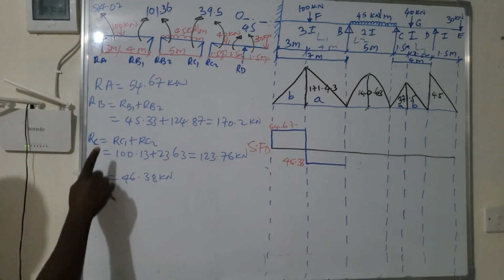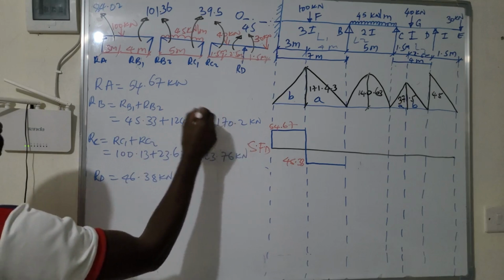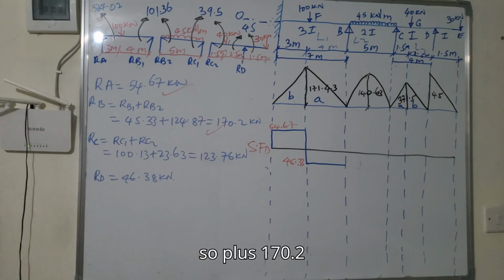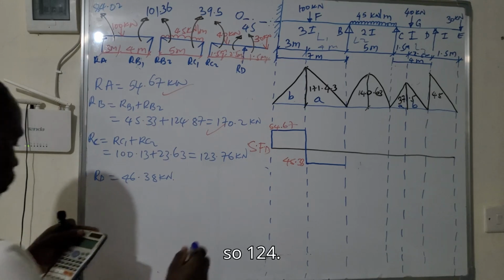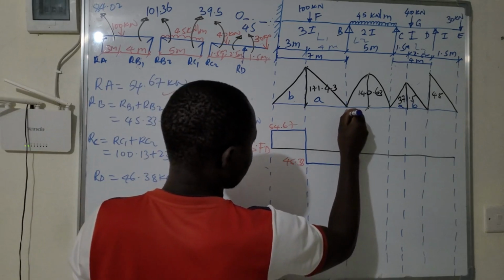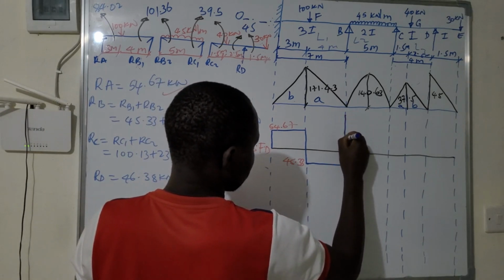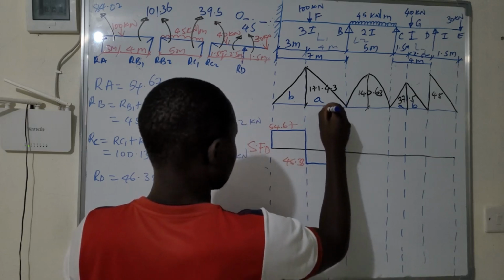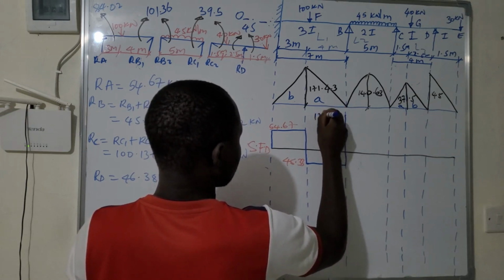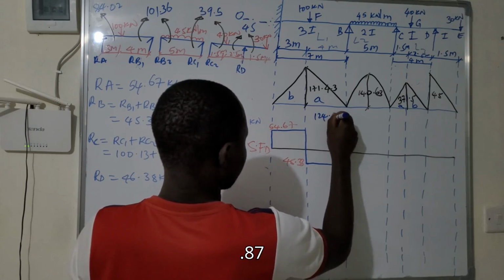This RB is this one, so plus 170.2. It gives you 124.87.